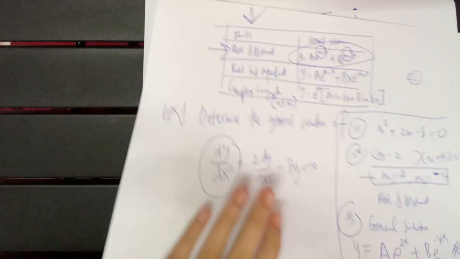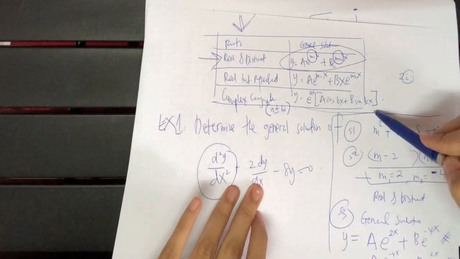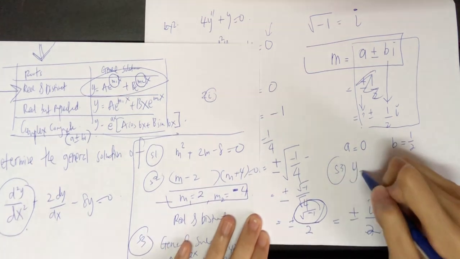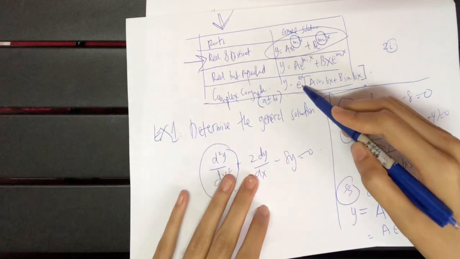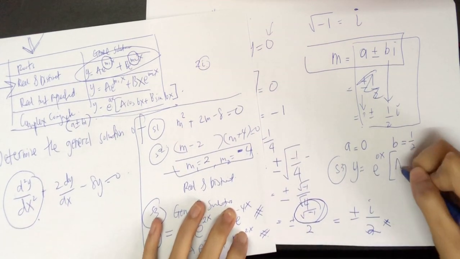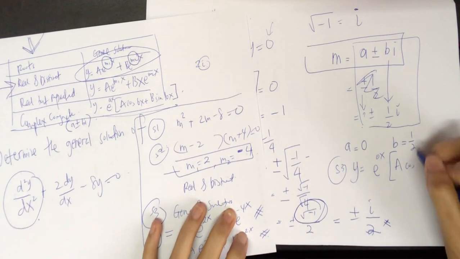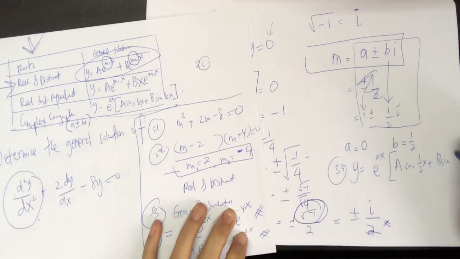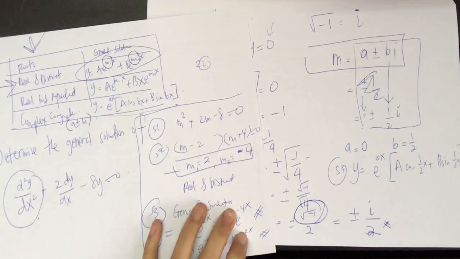So what do we do next? Step number 3, write the general solution. y equal to e to the power ax, so e to the power 0x. Then A cos bx. What is your b? Your b is 1 over 2. And capital B sine 1 over 2 x.